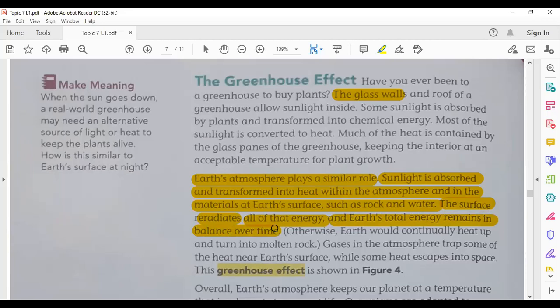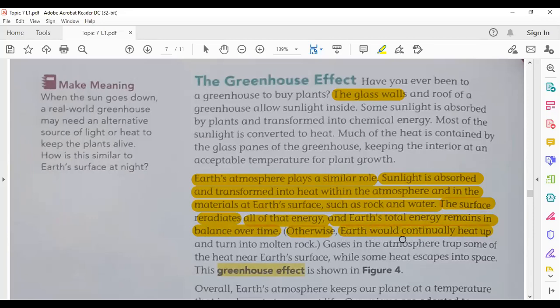Imagine that there is no atmosphere, what will happen? Otherwise, Earth would continually heat up because all of the energy from the sun would come to the Earth.